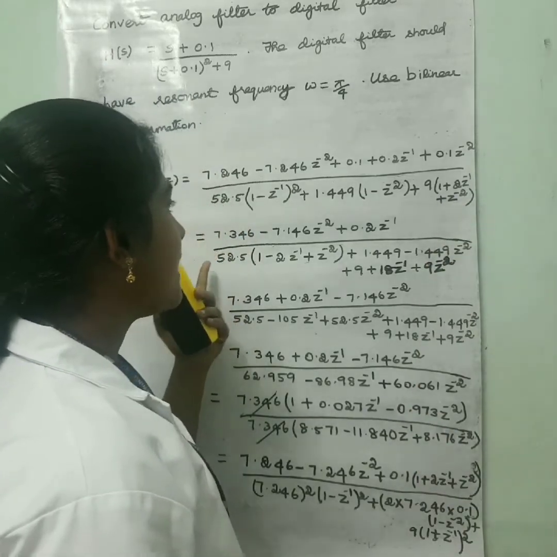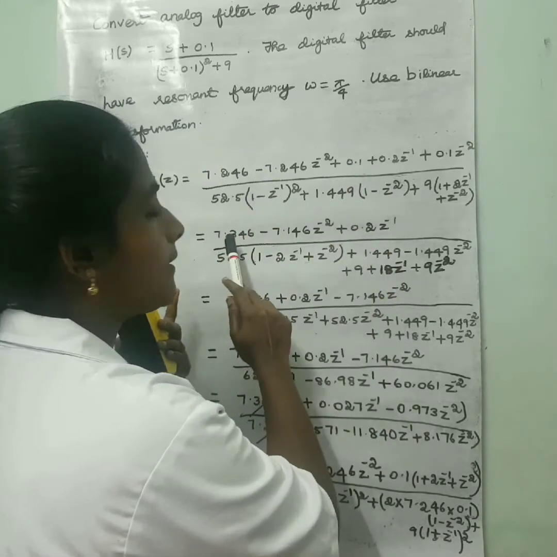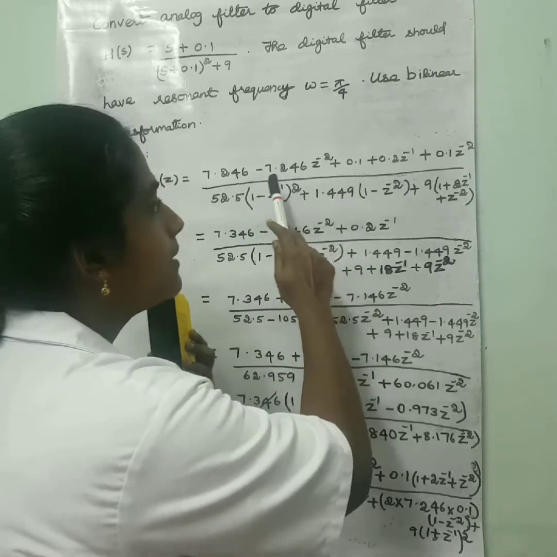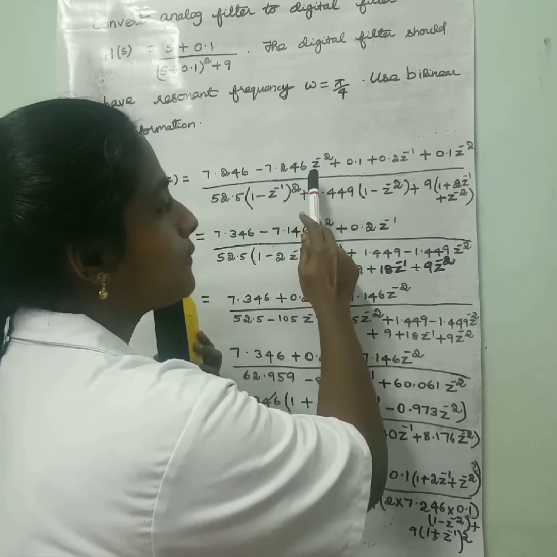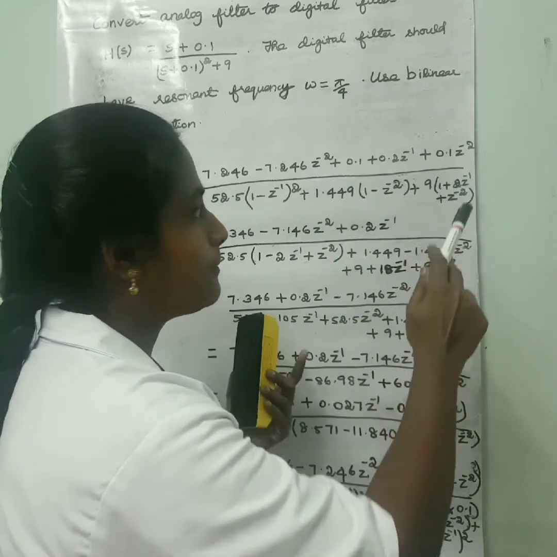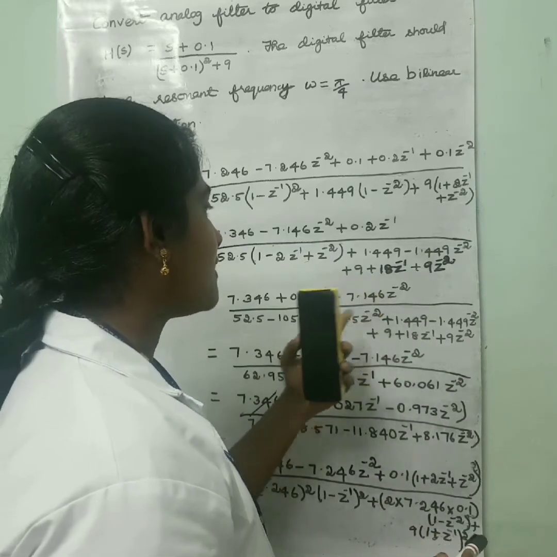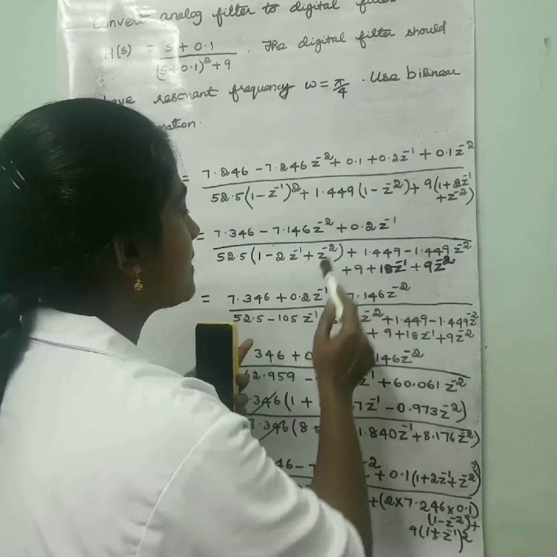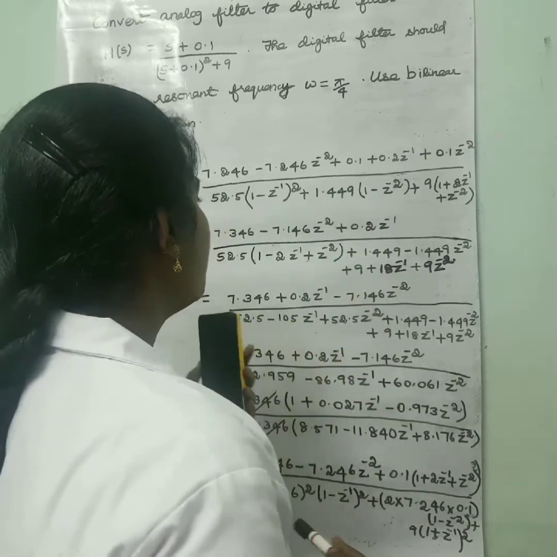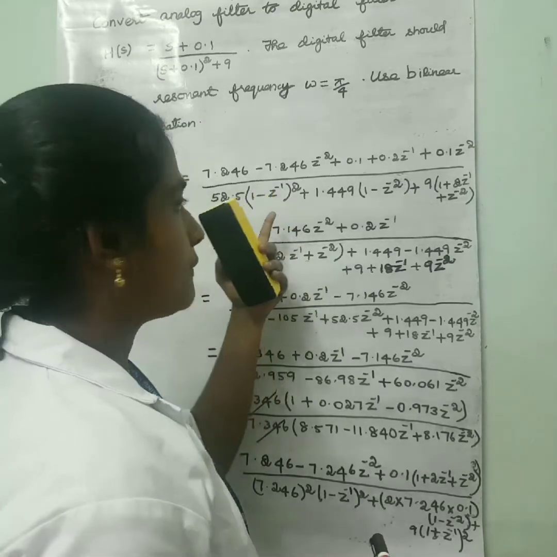Next in the numerator, 7.246 plus 0.1 is 7.346. Similarly the z power minus 2 term, minus 7.246 into z power minus 2 plus 0.1 into z power minus 2, is minus 7.146 into z power minus 2, plus this z inverse term, so 0.2 into z power minus 1. Next you can expand this (a minus b) the whole square formula.